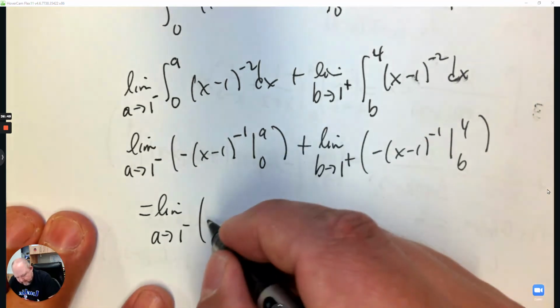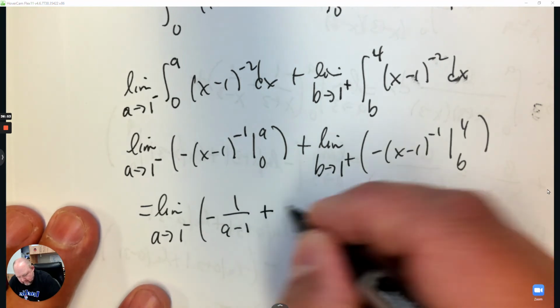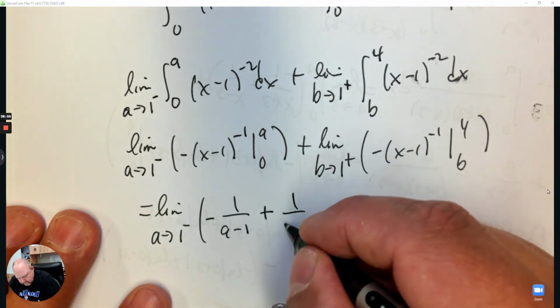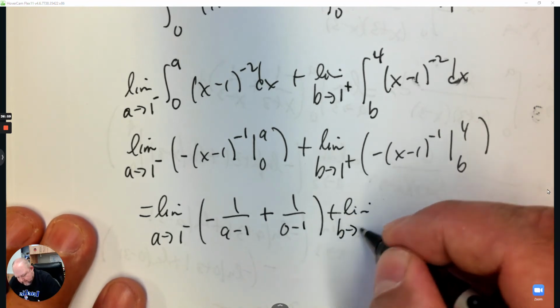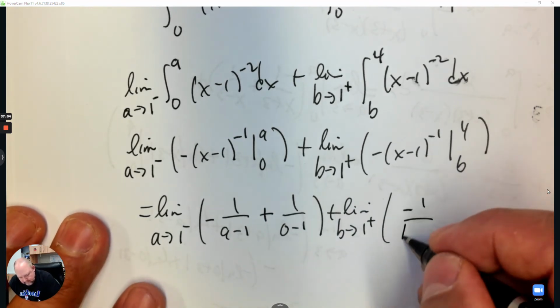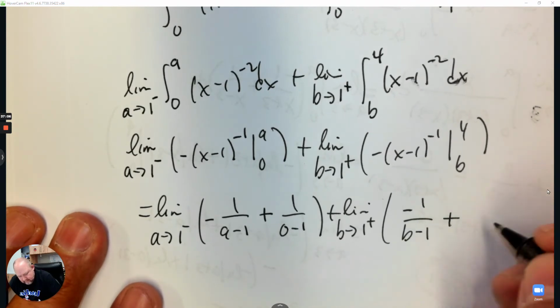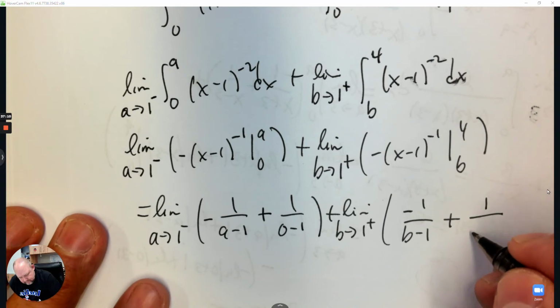So I'm going to plug in a, subtract a negative. I'm going to plug in 0. I can already see what's happening here. Again, I'm going to plug in b, subtract a negative. I'm going to plug in 4.